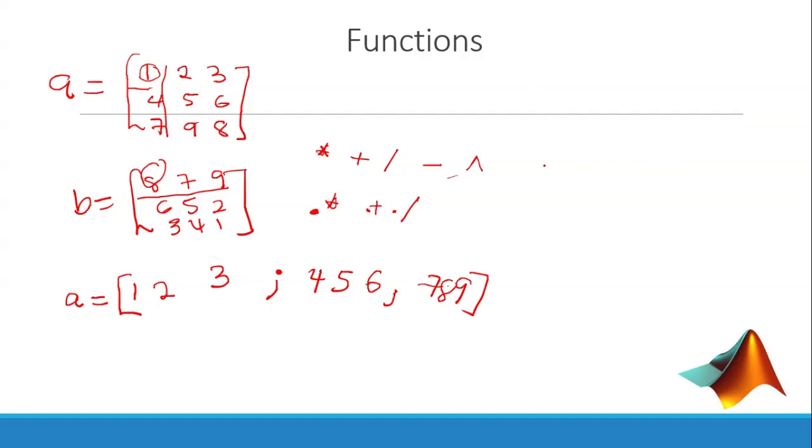For the next one, which is B, I'll repeat the same thing: 8, 7, 9, then 6, 5, 2, then 3, 4, 1.